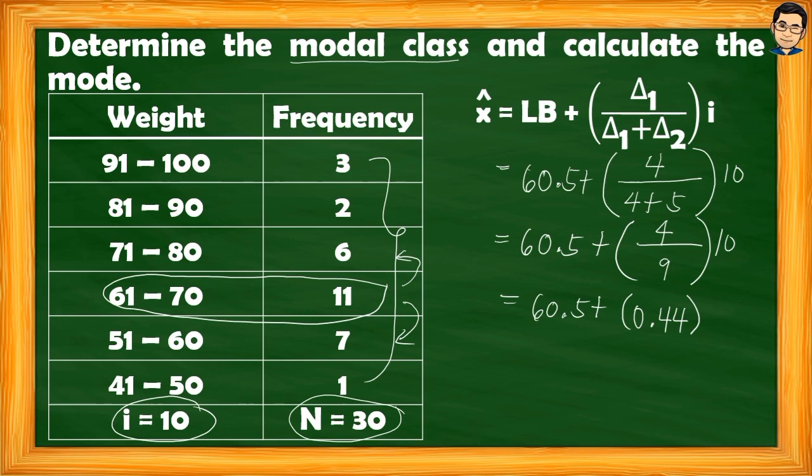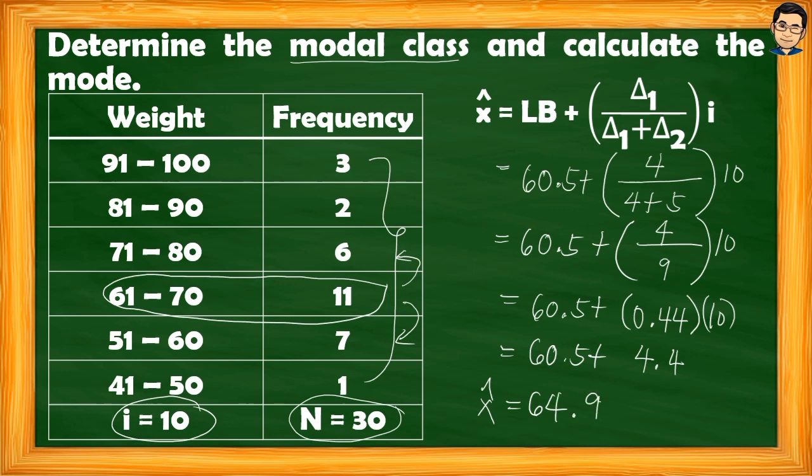Ayan. Times 10. 60.5 plus, the product of 0.44 and 10 is 4.4. And then we just add 60.5 plus 4.4, and we get 64.9.